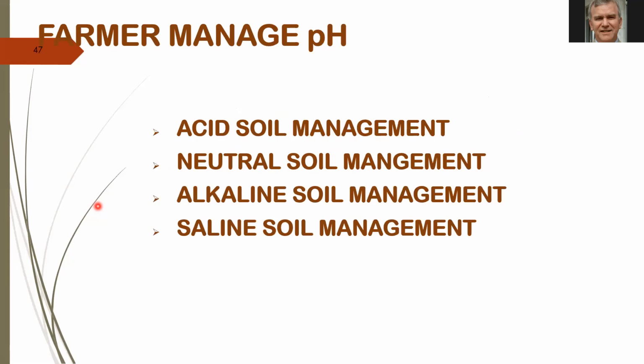Farmers manage pH. They manage acid soils. They manage neutral soils. And that may seem odd to you, but sometimes it's important to make the soils more alkaline. Sometimes it's important to make the soils more acidic in order to accommodate the crops that you're growing.